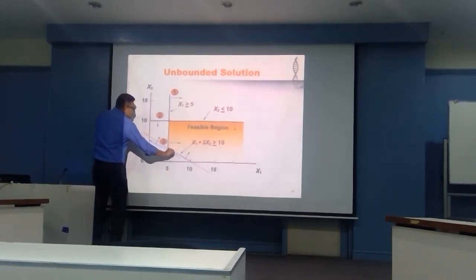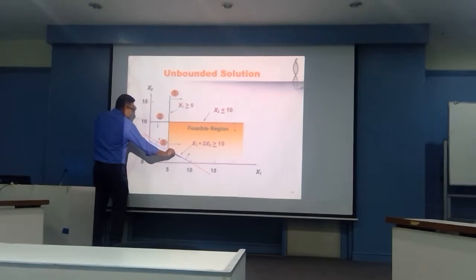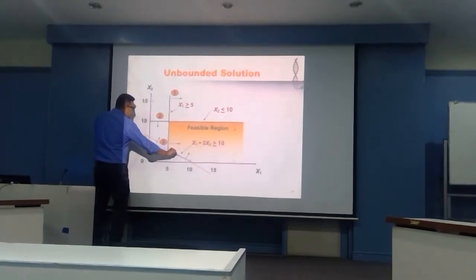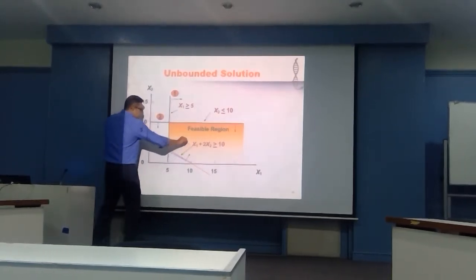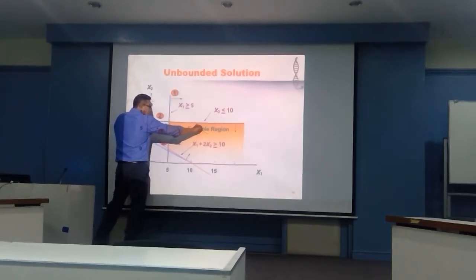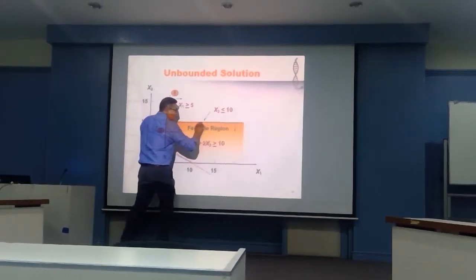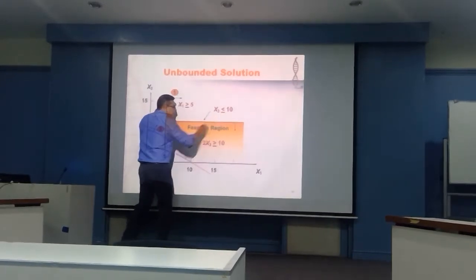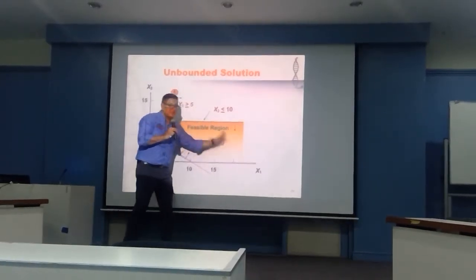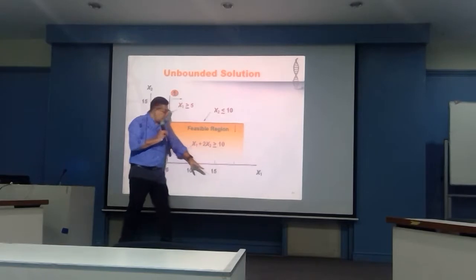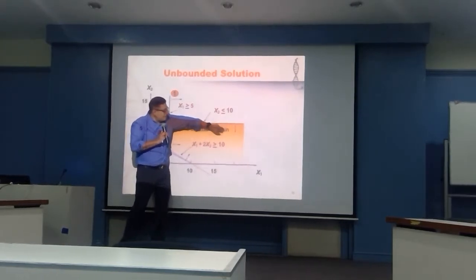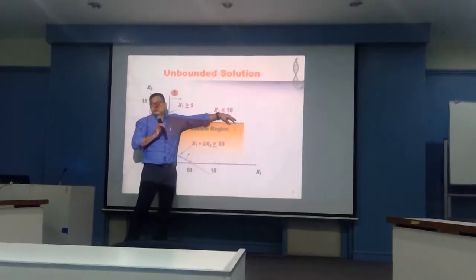When you try to find the optimal solution, in this case maximization, you project in this direction, right? You can see that you cannot find the solution because you still have area that you can go for. The feasible area is not a closed area. You can project more and more because you still have area to go to.